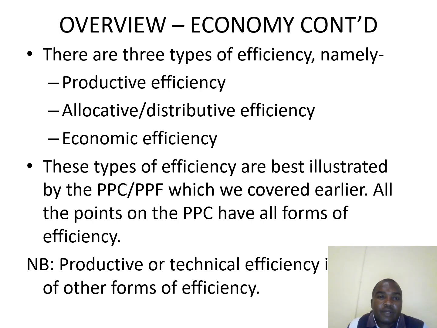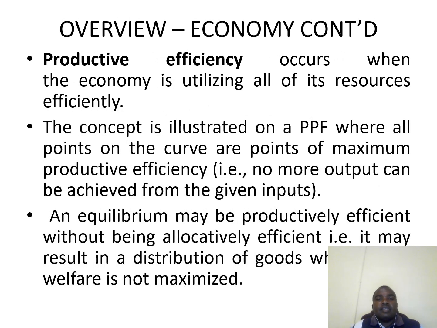We will examine productive efficiency. Productive efficiency occurs when the economy is utilizing all of its resources efficiently. The concept is illustrated on a PPC where all the points on the curve are points of maximum productive efficiency. In other words, no more output can be achieved from the given bundle of resources or from the given inputs.